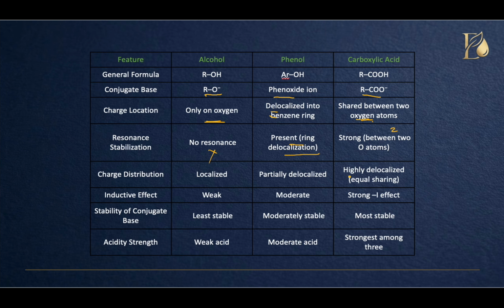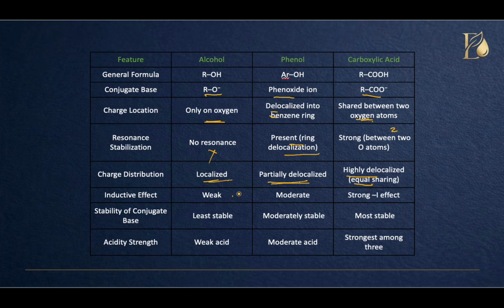Because of that, resonance stabilization is stronger in carboxylic acids. And what about the charge distribution? In alkoxide ions, it is localized, while in phenoxide it is partially delocalized, but in carboxylate ions it is highly delocalized and there is equal sharing, right? Now come to the inductive effect.